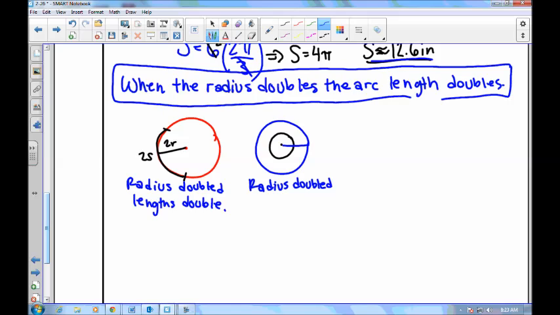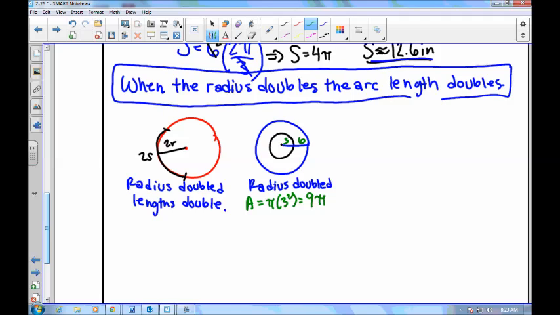Instead, if the original radius was 3, and then the new radius is 6, the original area, what's the formula for area? On a square, yeah, or a rectangle, that would work, but for a circle, yes, pi r squared. So this would be pi times 3 squared, which is 9 pi.